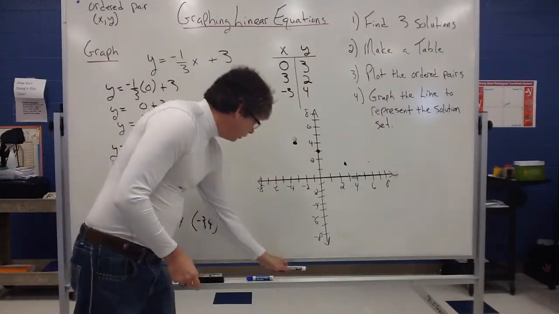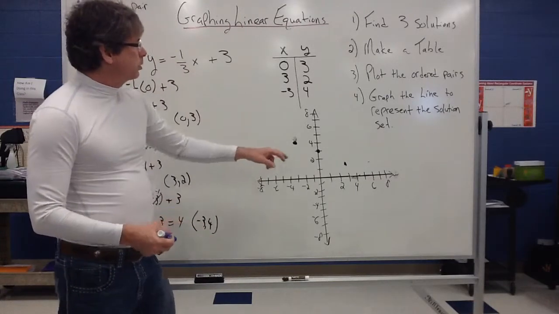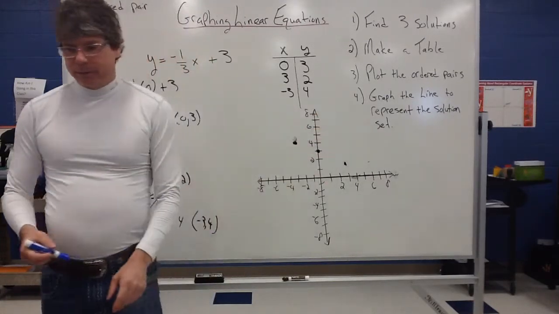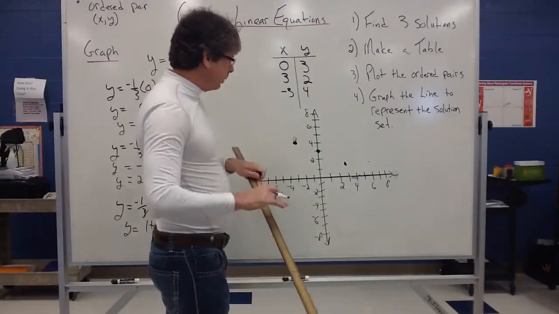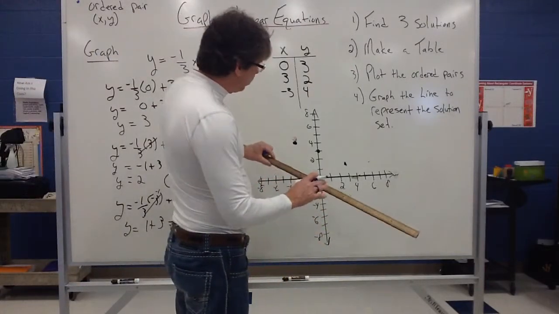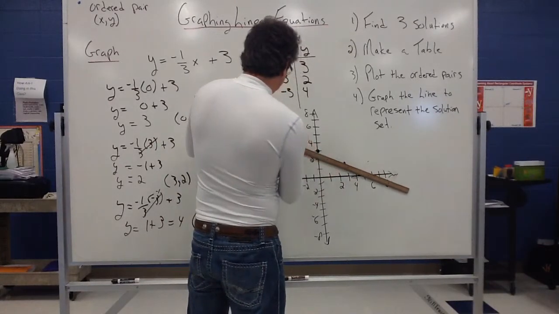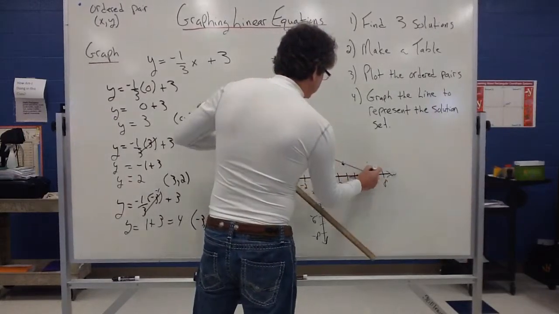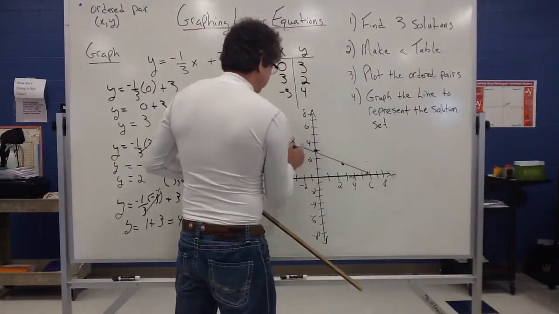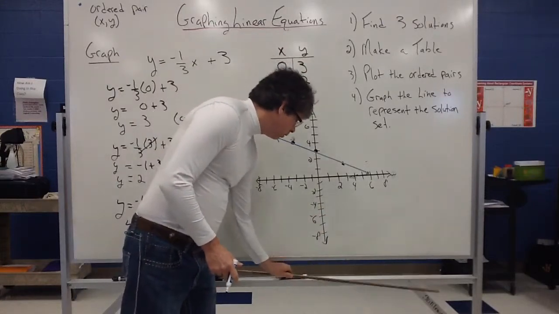So what I want to do now is sketch the solution, which is going to be the line itself. We're going to draw a line through those three points, and those points look like they line up fairly decently. So this will be a sketch of a graph that represents the ordered pairs. That line there would be considered our solution.